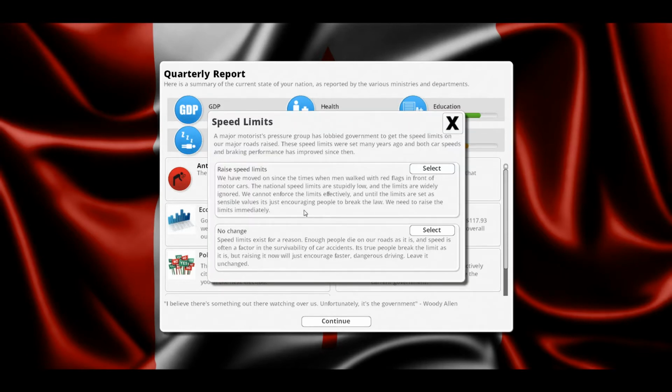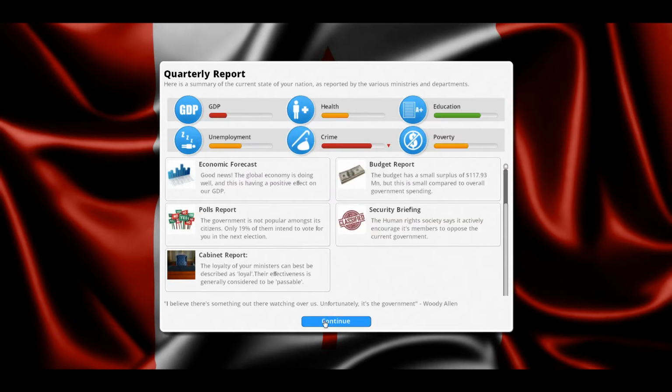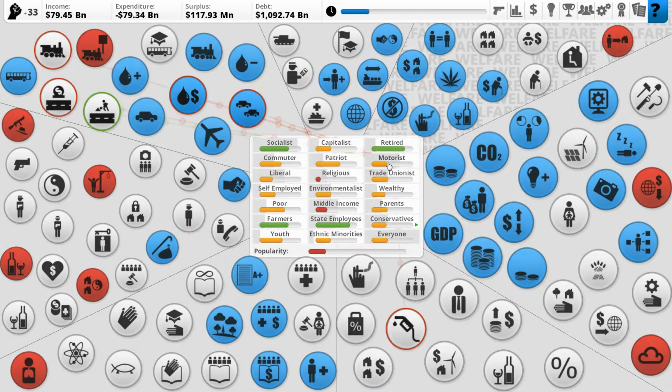And now they want us to put speed limits on major roads. Ooh. We can either raise speed limits or no change. I'm guessing raising speed limits will really please motorists. So let's look at motorists right now.